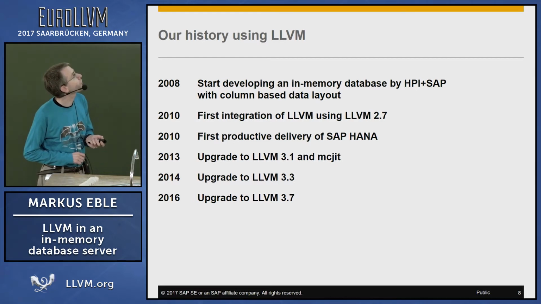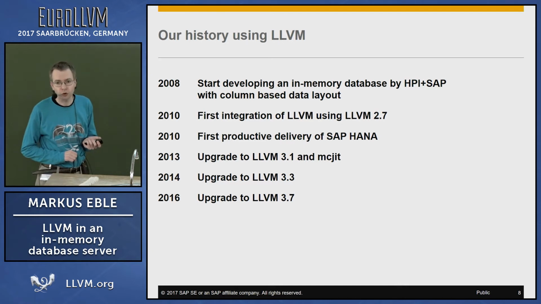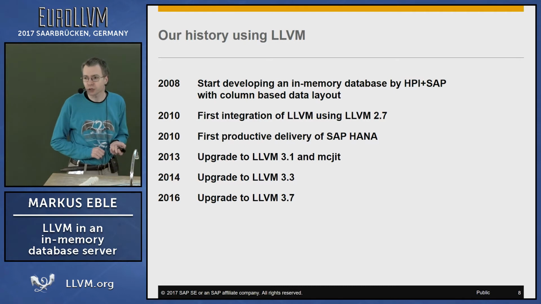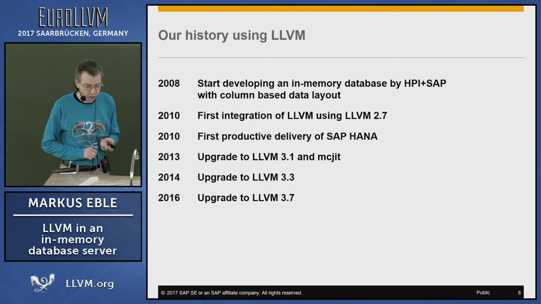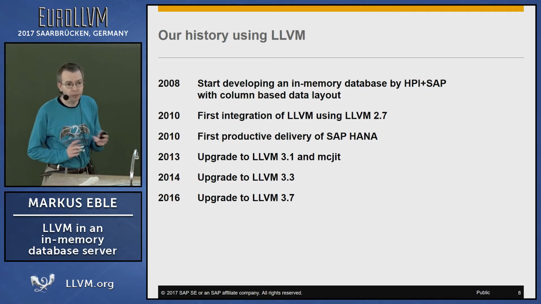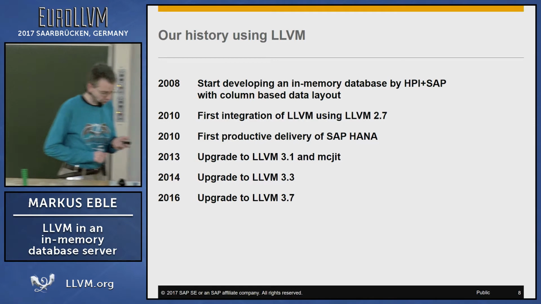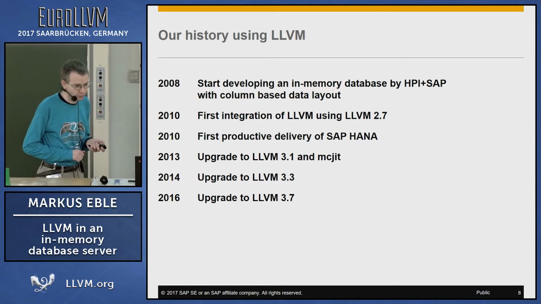Since then, we have continuously upgraded to newer versions. We also always have some delay before we go to the latest versions of LLVM. I will explain later what causes this delay.